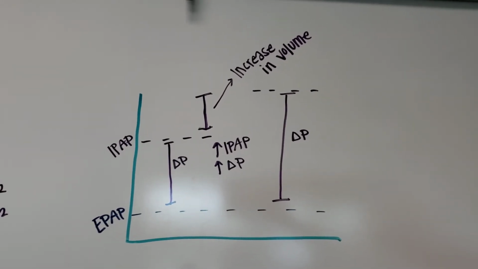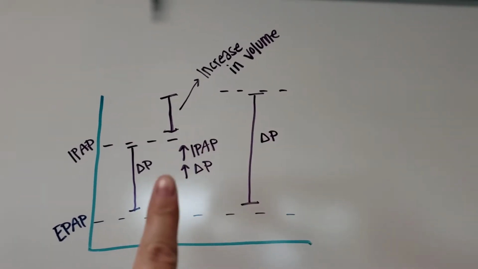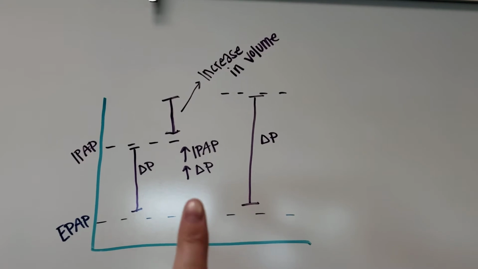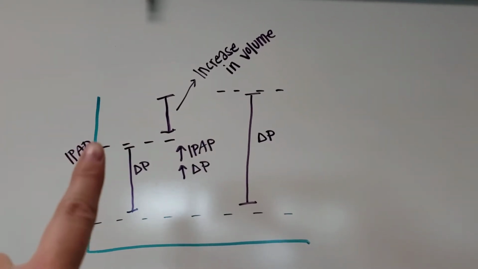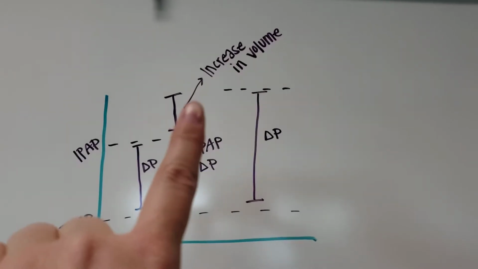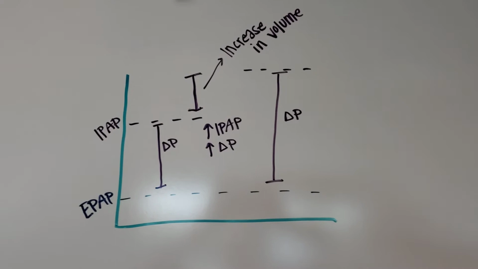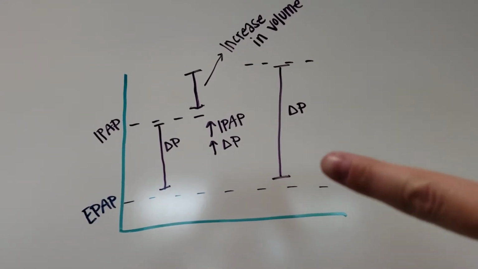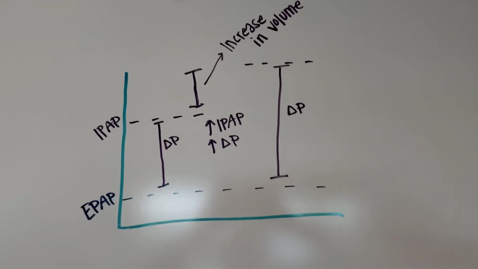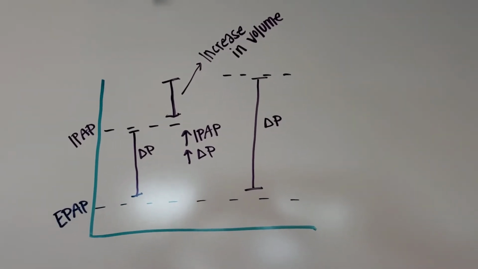We needed to increase our volume for our patient to blow off more CO2. So that's what we did right here. We increased our IPAP, which changed our delta P. That difference right there is our increase in pressure, which is our increase in volume, to blow off more CO2. That's how changing the IPAP affects ventilation.